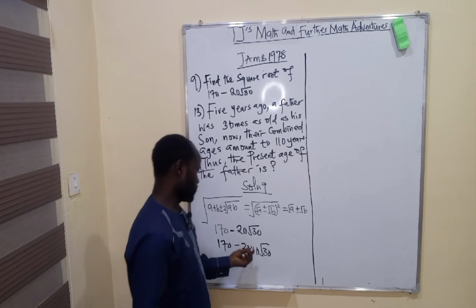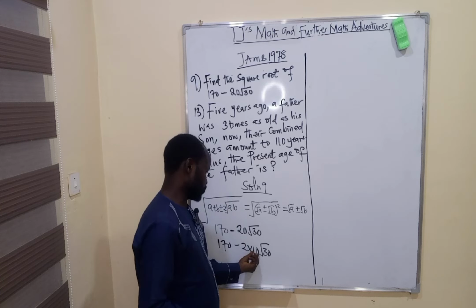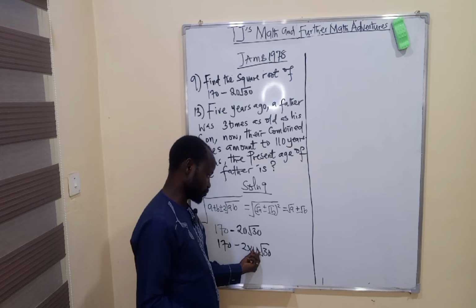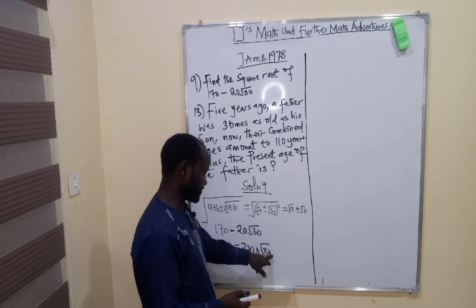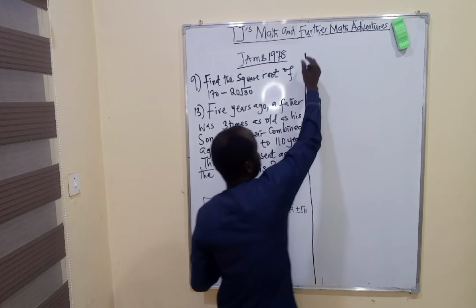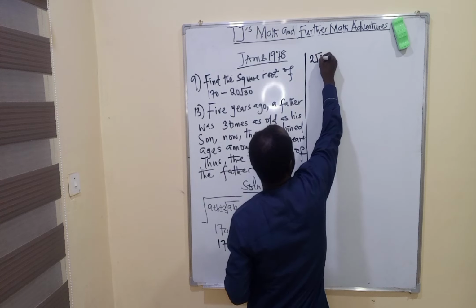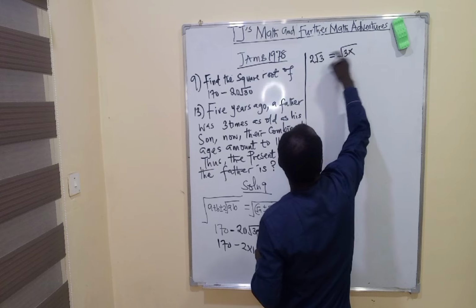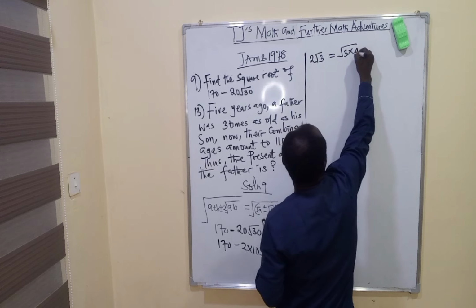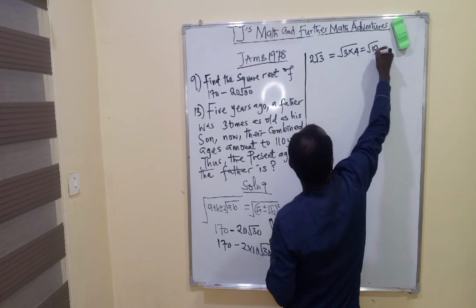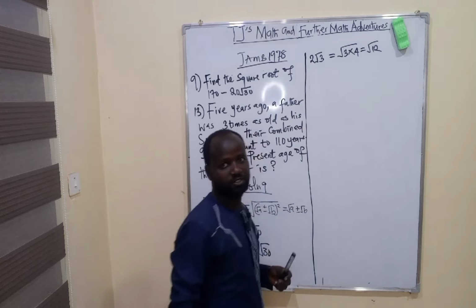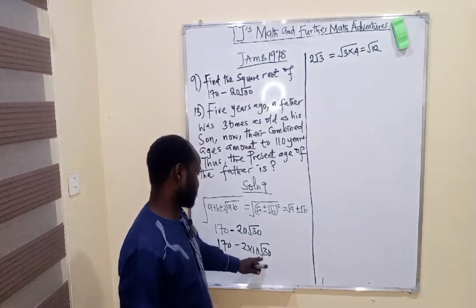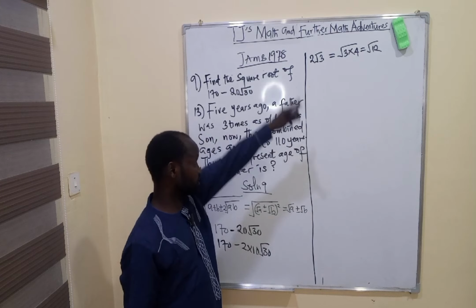Based on this, we need to take this 10, square it and take it inside. Say we have 2 root 3. 2 root 3 is the same as root of 3 times the square of 2, which is 4. That will be root 12. It means root 12 is the same as 2 root 3. So we need to transform this in that form.